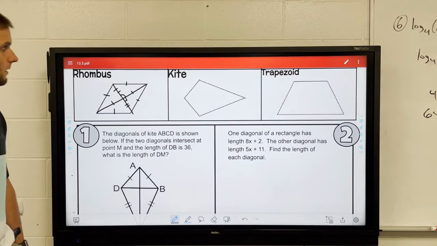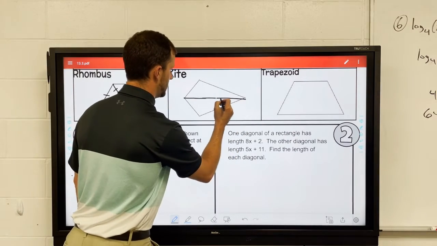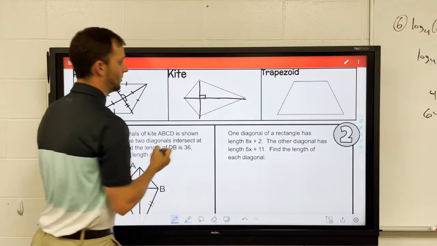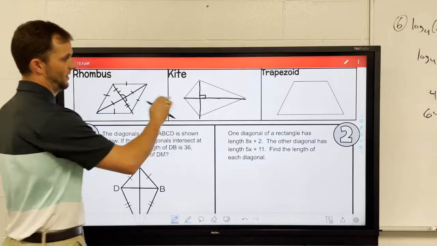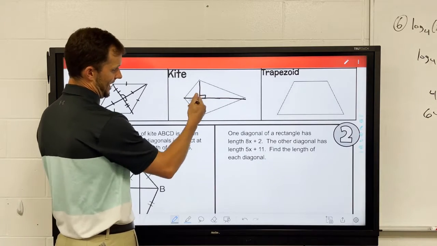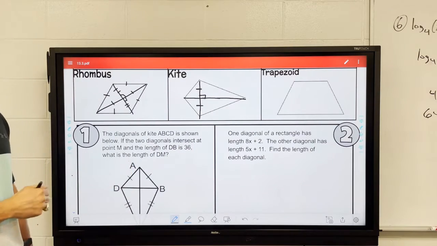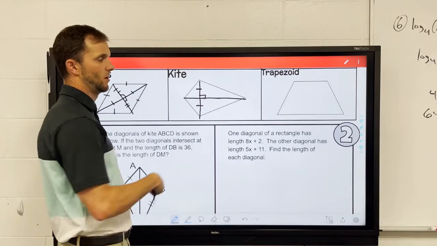Now for a kite, if I draw my diagonals here, they're going to make a perpendicular angle right there. But also, whenever you draw your diagonals, the long diagonal is going to bisect this diagonal here. So this would end up being congruent to that side there. So whenever I draw those two diagonals, the long one's going to bisect the smaller one.